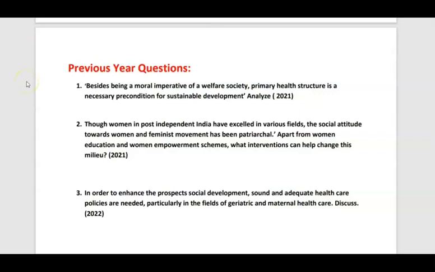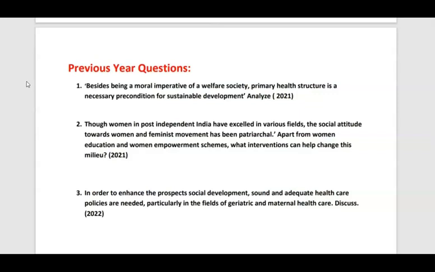Here we can write that improved maternal health benefits the entire society, and so importance is given in the Sustainable Development Goals, goal 3.1. This way you are justifying your point: it is not just me saying it, it is something written in the SDGs.